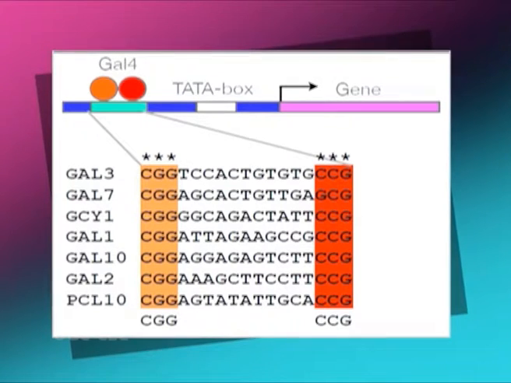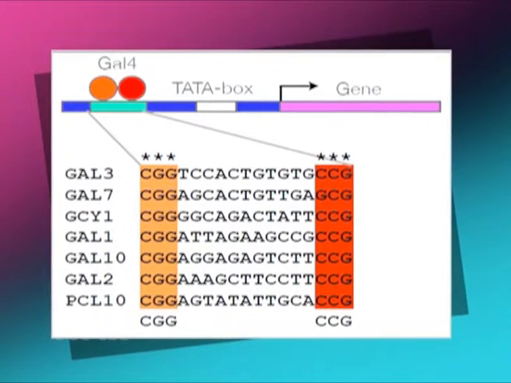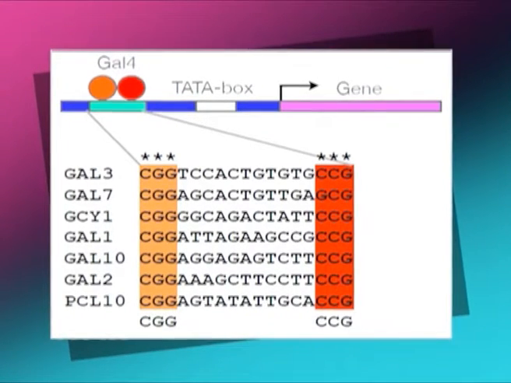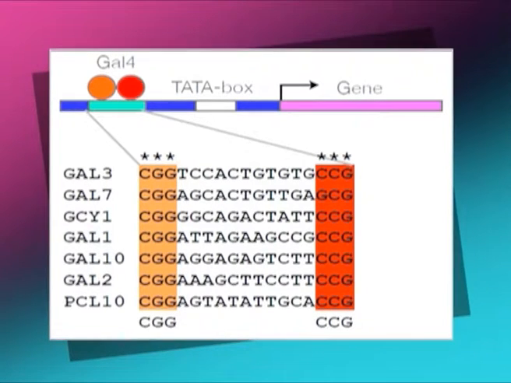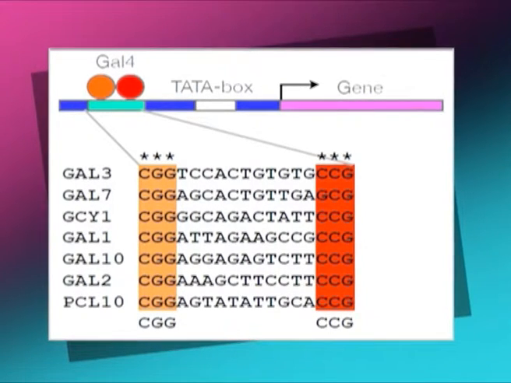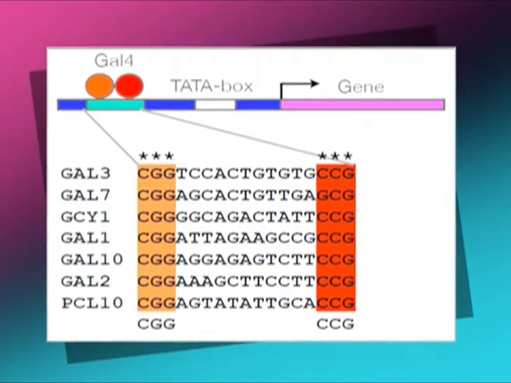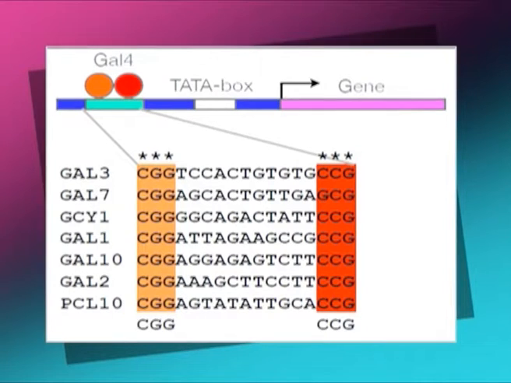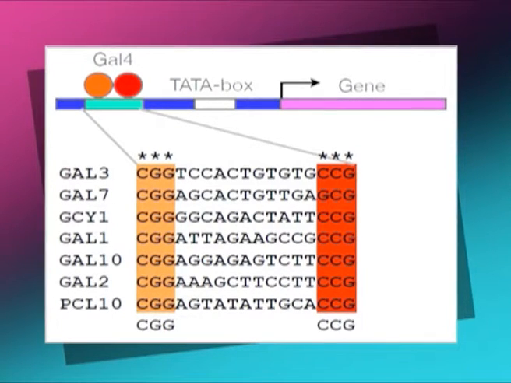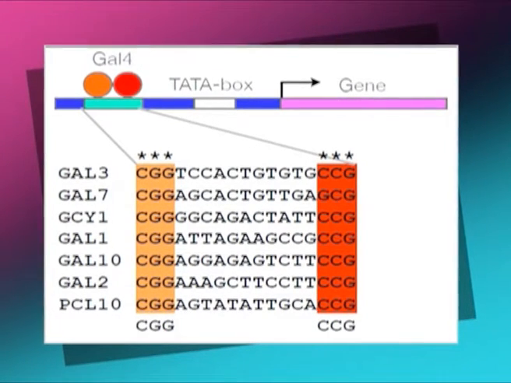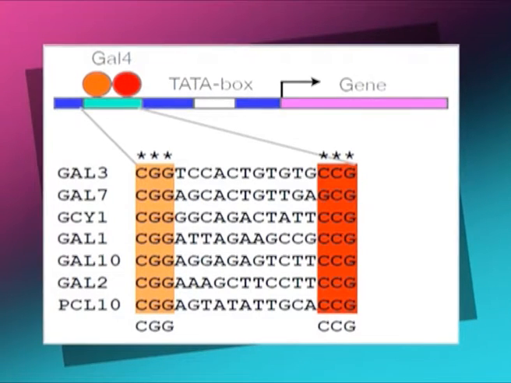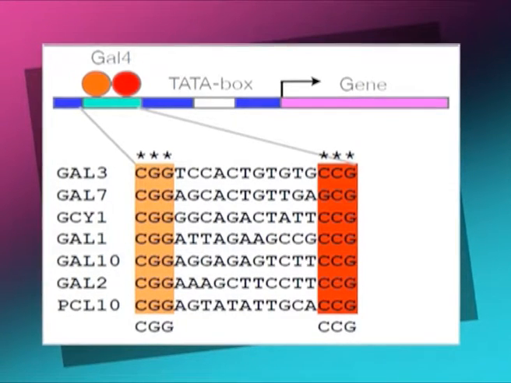Gal4 is a protein which is a positive regulator for the gene expression of the galactose induced genes such as Gal1, Gal2, Gal7, Gal10, which code for the enzymes used to convert galactose to glucose. This protein recognizes a 17 base pair sequence motif in the upstream activating sequence of these genes.